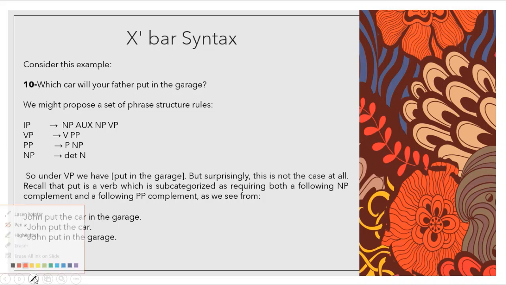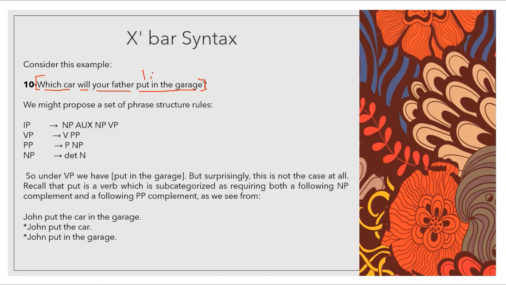Where is my pen? This is a complete IP from here to here. So it consists of an NP, AUX, NP, and VP. Okay? VP consists of V plus PP.